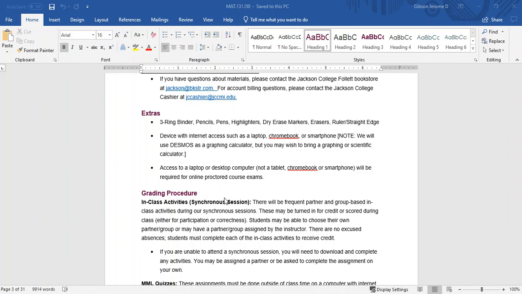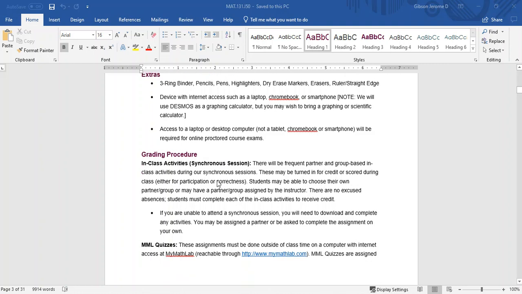One other thing too, you're going to need a webcam on your computer, and you would basically need a webcam for when I give you all the proctored exams. There are going to be a few proctored exams, which we will discuss in a moment, but let's continue with the syllabus.